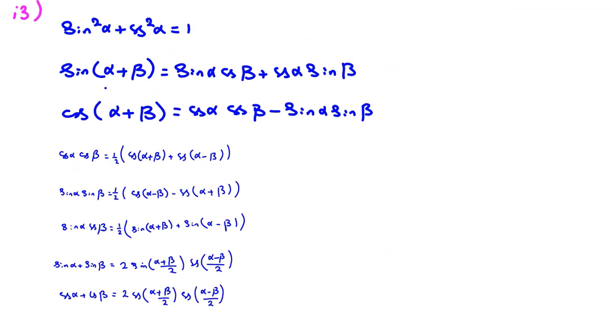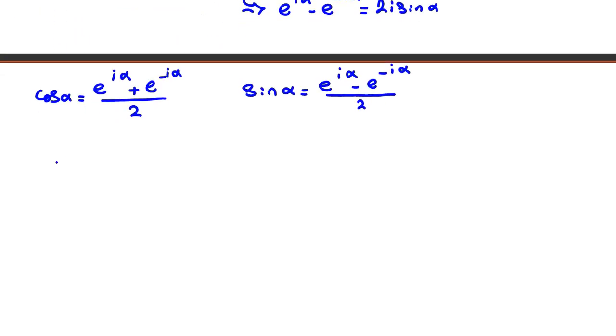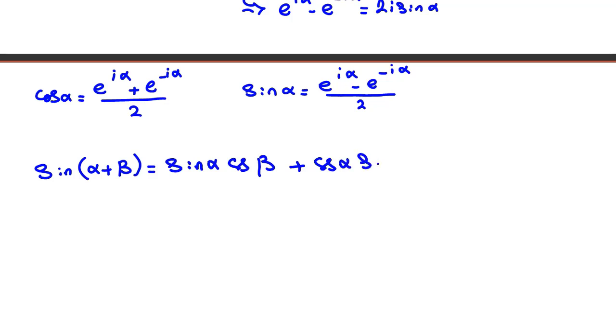For example, here, we want to prove sine of alpha plus beta equals sine alpha cos beta plus cos alpha sine beta. So let's try to prove one of them, sine alpha plus beta. Look, in the exam, you won't see this problem, but it's important to learn how to work with it. After proving this, I will tell you AMC problems that you can do with this solution.